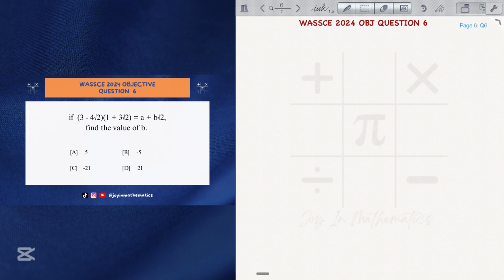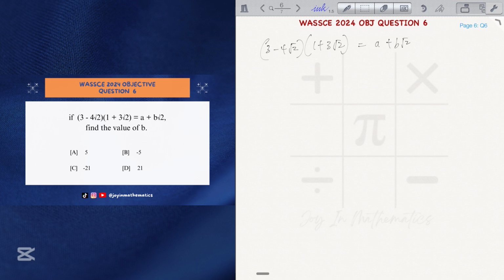So let's move on. We have that if 3 minus 4 root 2 is being multiplied by 1 plus 3 root 2, then we should find the value of b in a plus b root 2. So let's take the formulas involved in surds. That's the rule of surds.